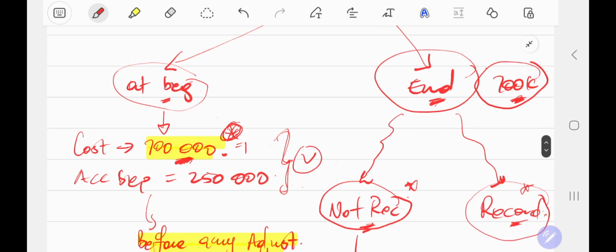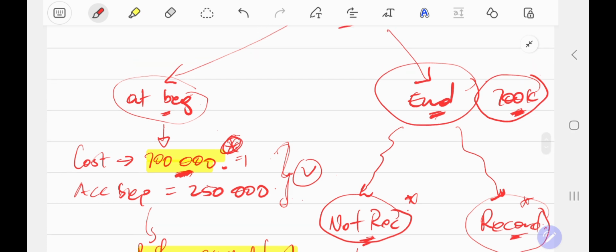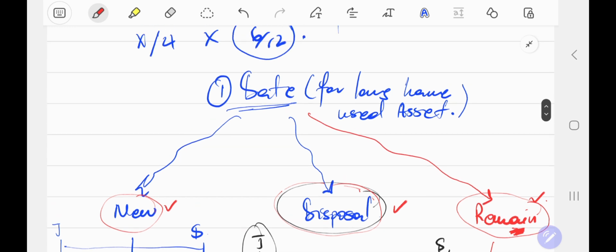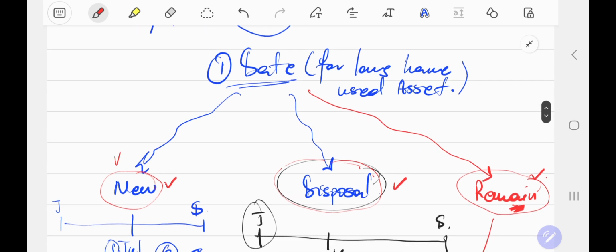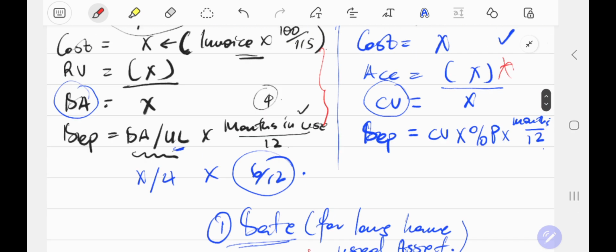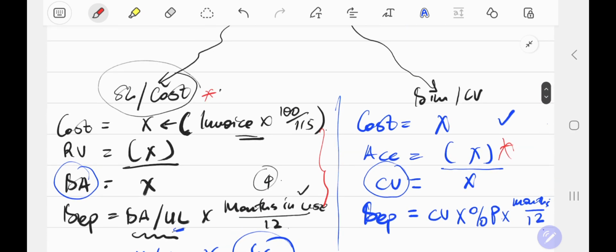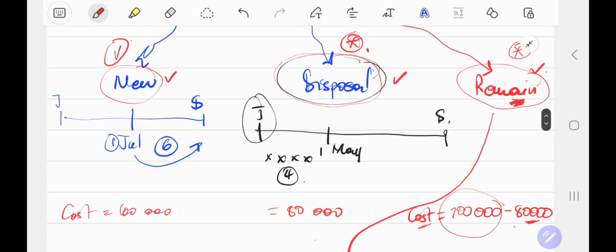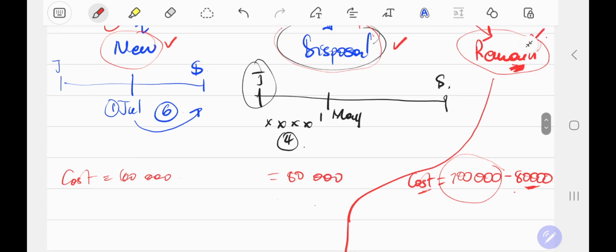Then when you calculate the depreciation of the vehicles, you are going to separate the depreciation of the new vehicles, the depreciation of the vehicles that are disposed, and the depreciation of the remaining vehicles. And then you calculate them based on whether you are using the cost or the diminishing balance method.